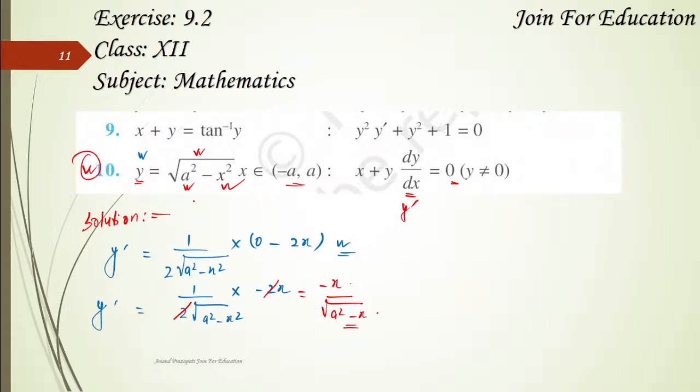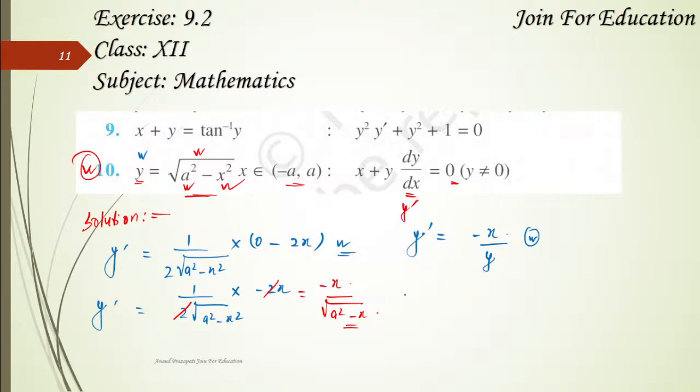From the question, under root a square minus x square equals y, so we put that here. So the next step is y dash equal to minus x by y. Hope there is no problem understanding up to this step.